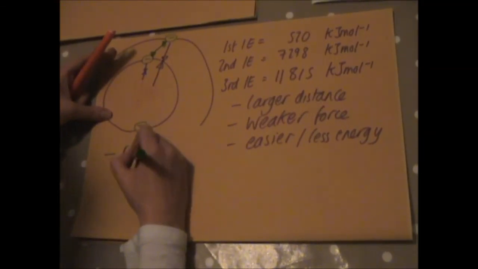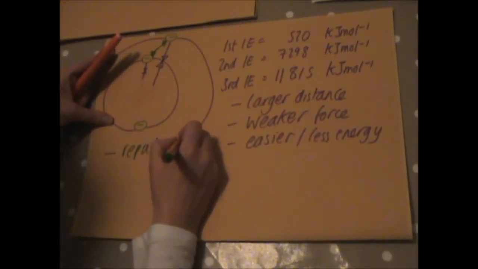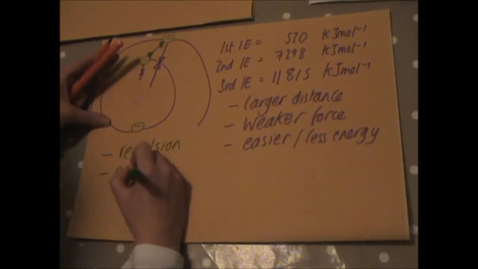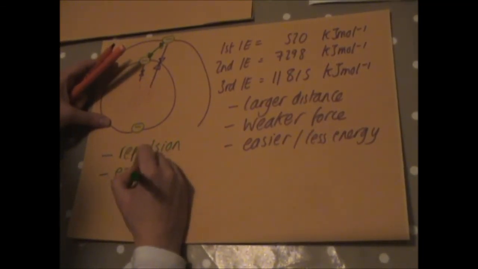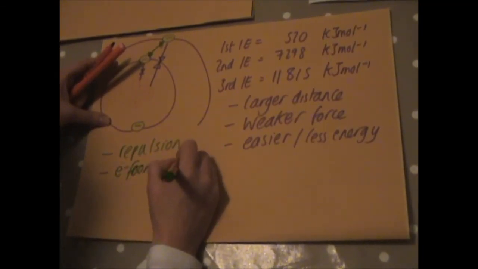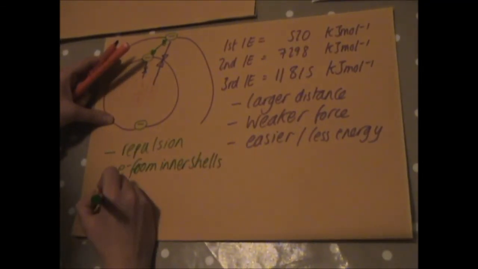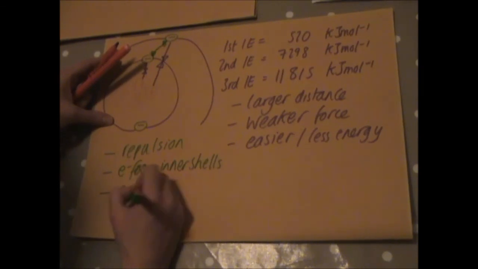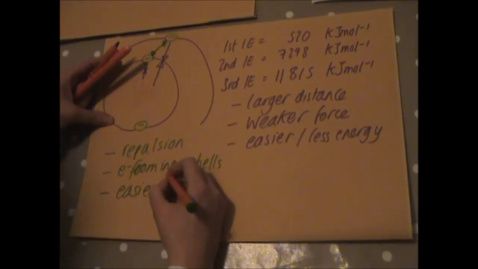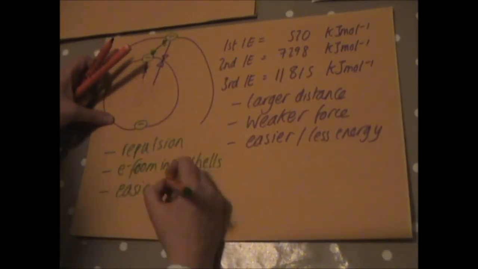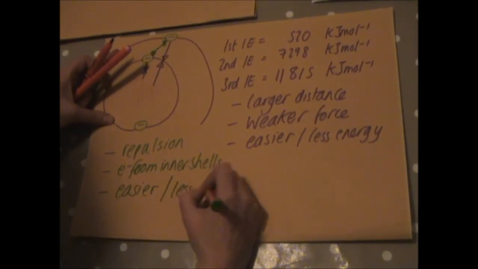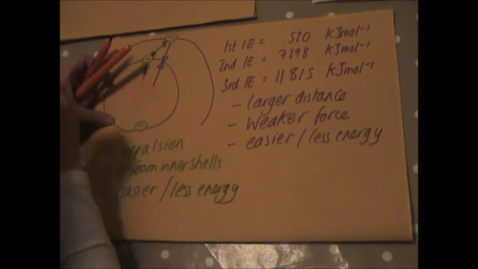So we've got some repulsion from electrons from the inner shell that makes the electron feeling the repulsion easier to remove, meaning it takes less energy.